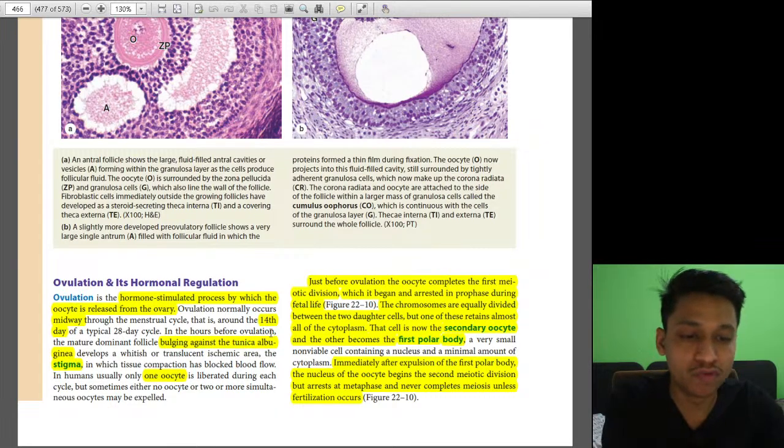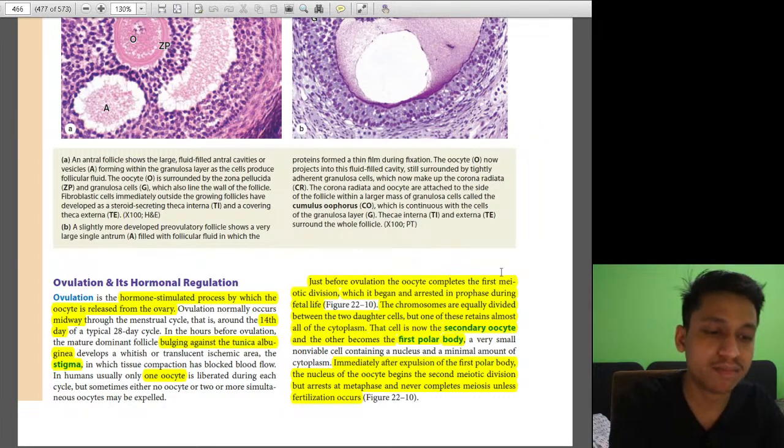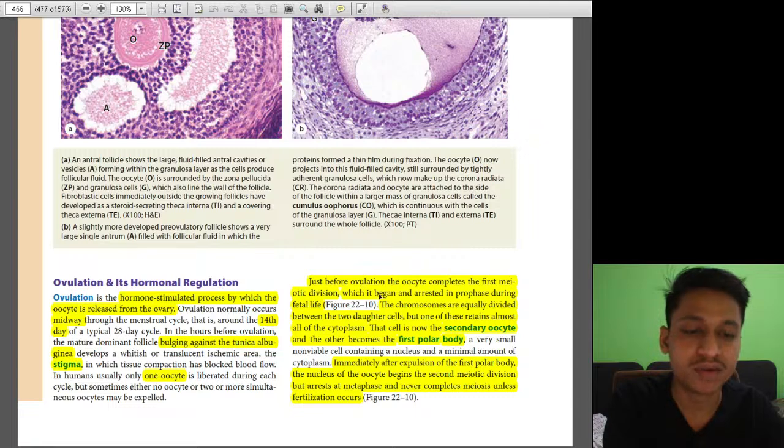Just before ovulation, the oocyte completes the first meiotic division, which it began and arrested in prophase during fetal life. The chromosomes are equally divided between the two daughter cells, but one of these retains almost all of the cytoplasm. That cell is now the secondary oocyte, and the other becomes the first polar body.